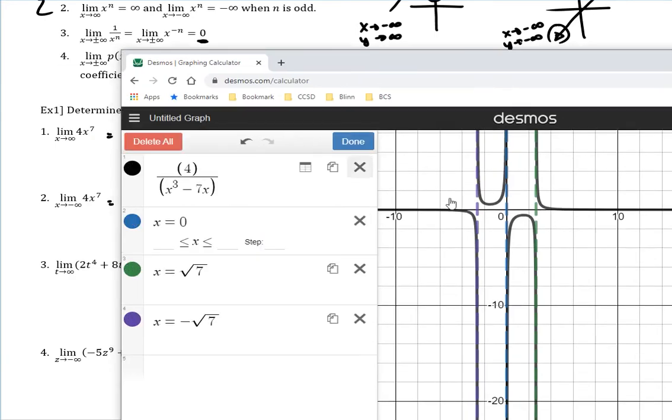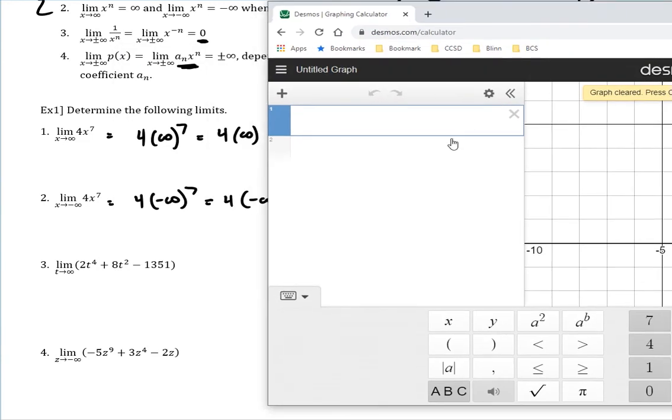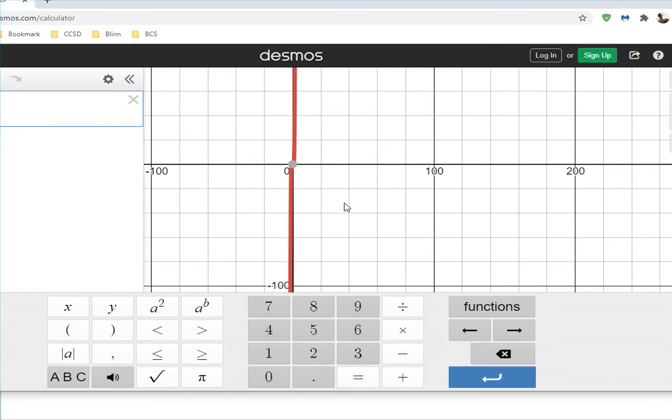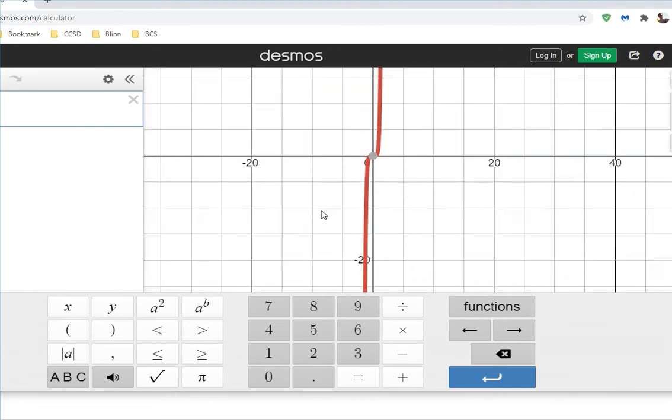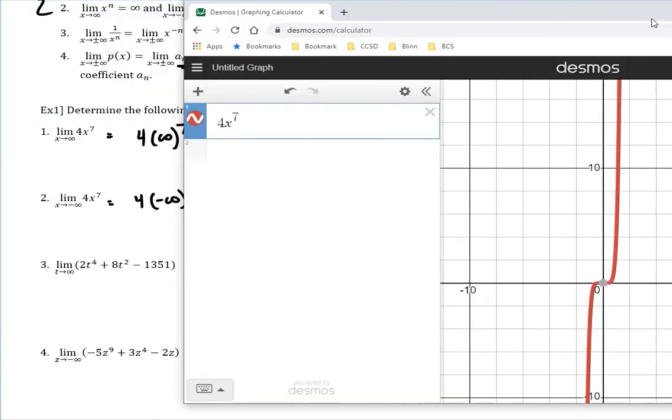Those rules are nice, but you don't need them too much if we've got this technology to help. I'm just going to type in the 4x to the 7. So there's our graph, and I can zoom out as much as I want. It looks almost like a vertical line. But what's happening is, as it goes right, it's going up forever.